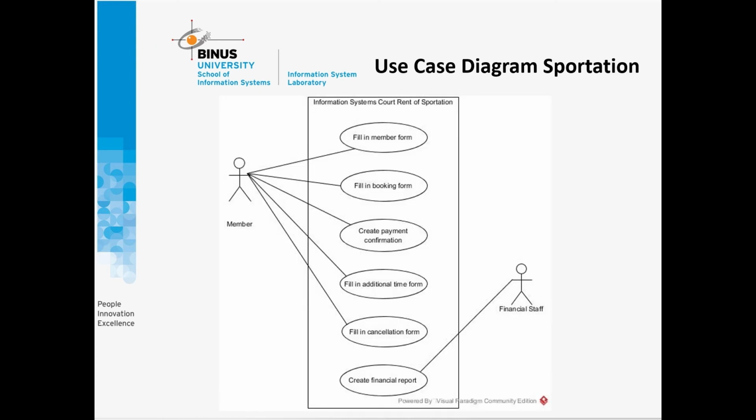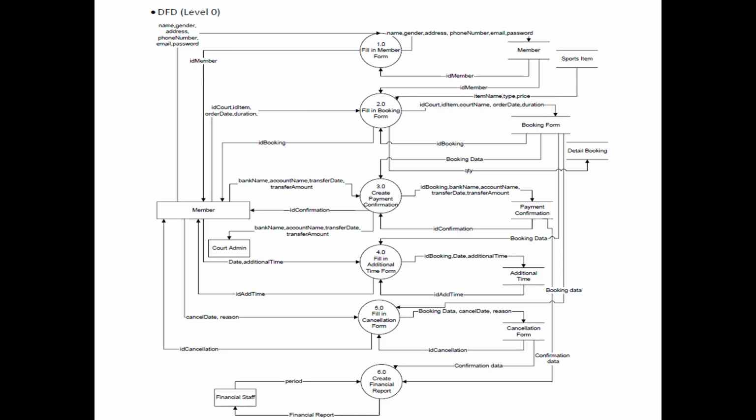And this is the use case diagram of Sportation. All of the use cases in this diagram will be used as processes in the data flow diagram. So, this is the data flow diagram level 0 of Sportation. How to create this data flow diagram?